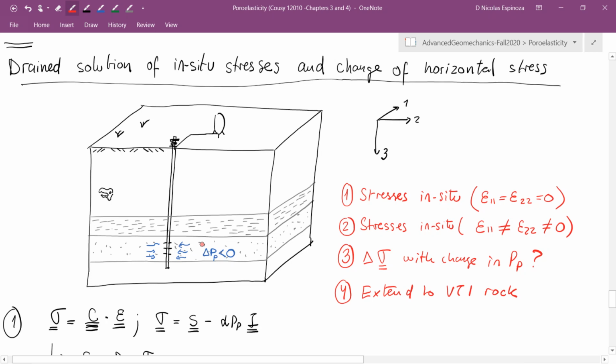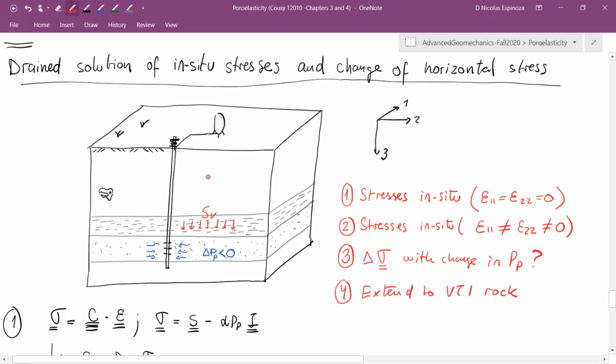Do you see any reason for the overburden changing? And the answer is that probably no, because the weight of all of the rock is not going to change much after I change the pressure in the reservoir layer. The overburden is going to stay constant as long as I do not develop any arching effects on top.